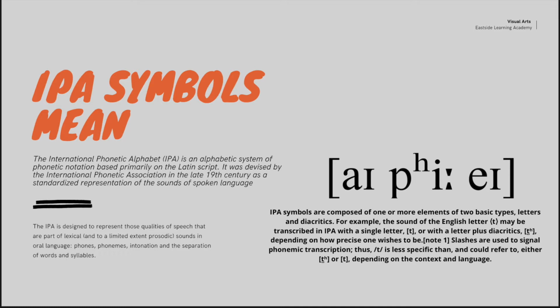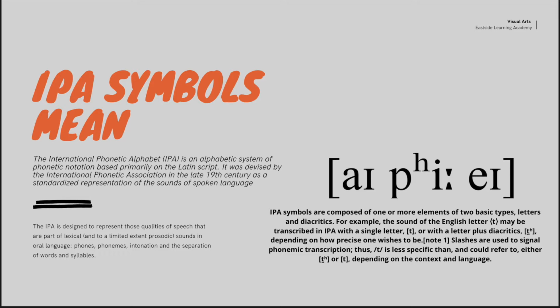IPA symbols are composed of one or more elements of two basic types, letters and diacritics. For example, the sound of the English letter T might be transcribed in IPA with a single letter T or with a letter plus diacritic T, depending on how precise one wishes to be.